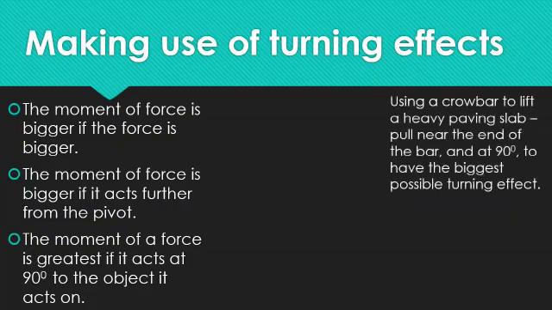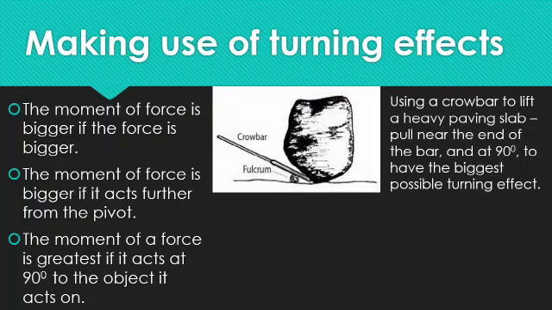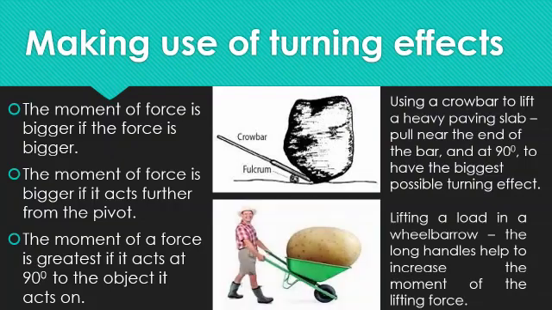Using a crowbar to lift a heavy paving slab, pull near the end of the bar and at 90 degrees to have the biggest possible turning effect. Lifting a load in a wheelbarrow, the long handles help to increase the moment of the lifting force.